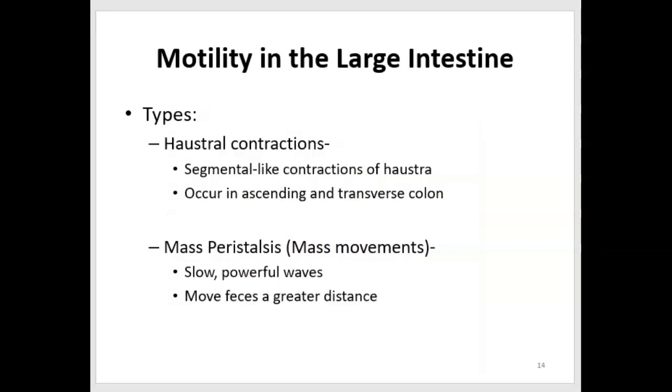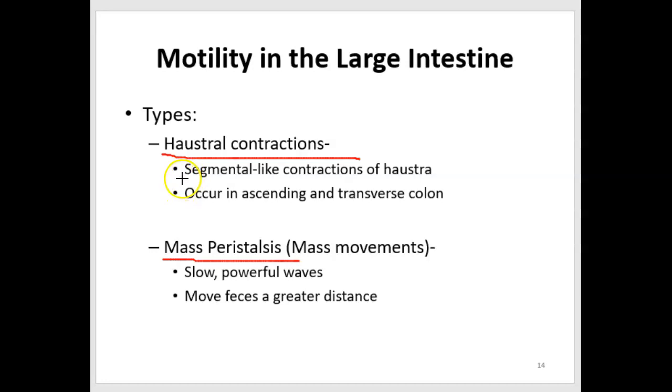Speaking of movement, let's look at how the muscle in the large intestine works. So there's two types of motility or muscular contraction in the large intestine. One type is called haustral contractions and another type is called mass peristalsis. The haustral contractions involve the haustra, the pocket-like sacs that we looked at before.